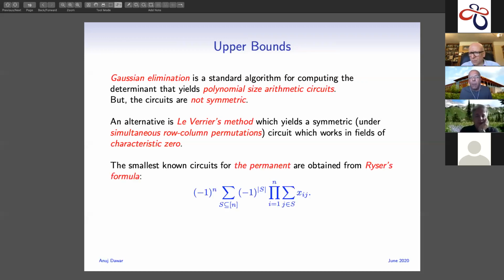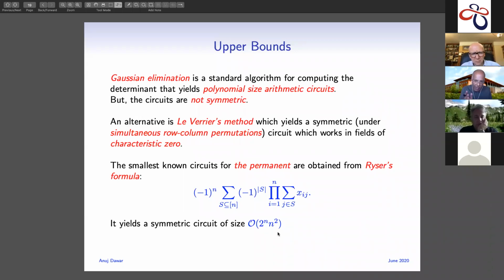In the case of the permanent, the best known circuit we get is from what's called Ryser's formula. I won't tell you why this expression gives you the permanent, but it does. And this works over any field. And it gives you something which is of size roughly 2 to the n times n squared. So it's still exponential. But it's better than the n factorial one, which you get from the immediate definition, right?